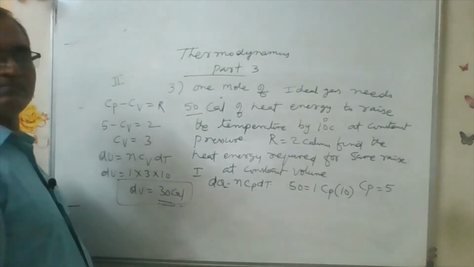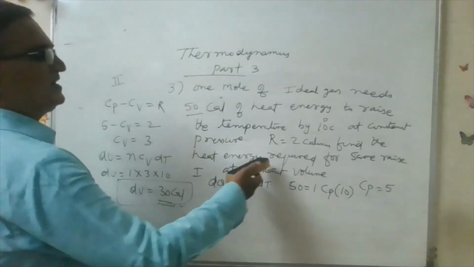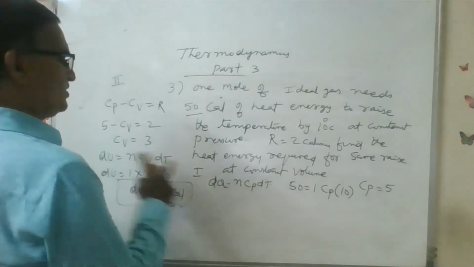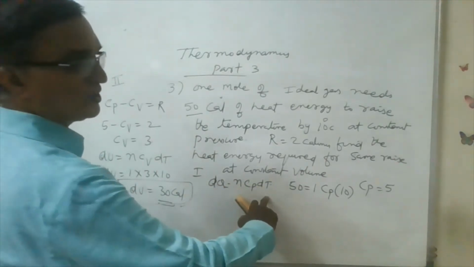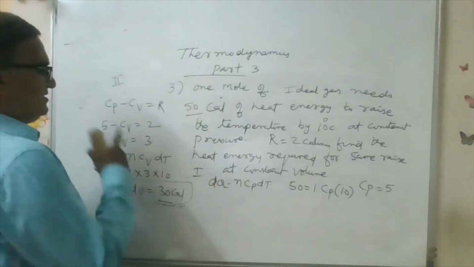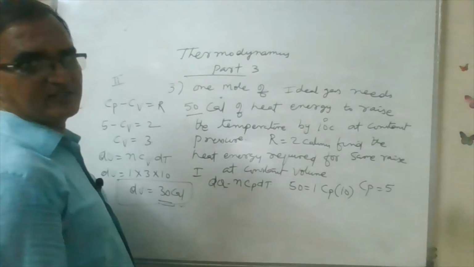At constant pressure, you should do dQ is equal to n Cp dT. Constant volume, you should do n Cv dT. You know Cp minus Cv is equal to R. It is given in calories, so it is 2 calories.